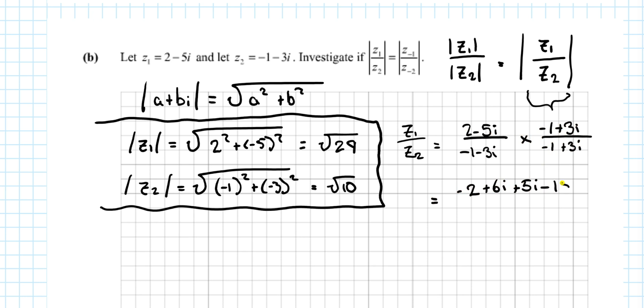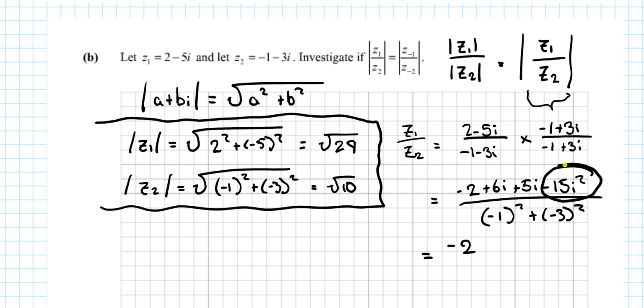Minus by plus is minus. 5 by 3 is 15. i by i is i squared. How do you multiply a complex number by its conjugate? You use a squared plus b squared, so it's minus 1 squared plus minus 3 squared. Minus 2, here, I'm just going to worry about this. That's minus 15 i squared, and i squared is minus 1, so that's plus 15.